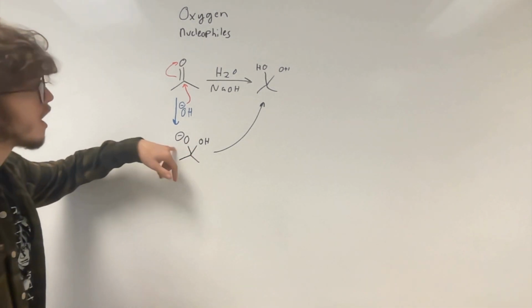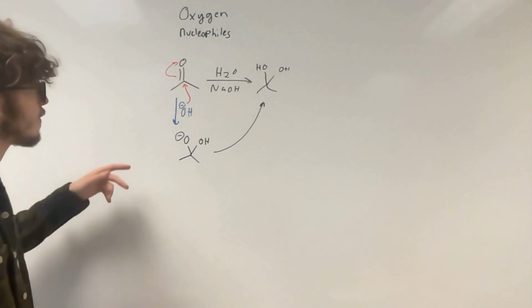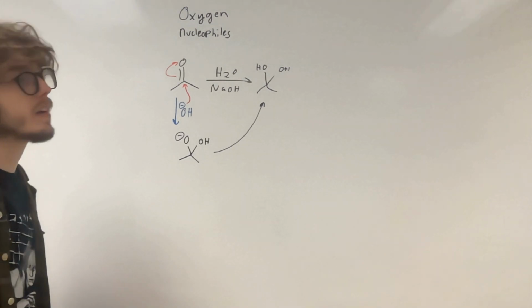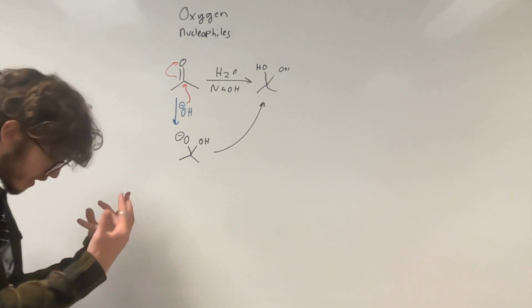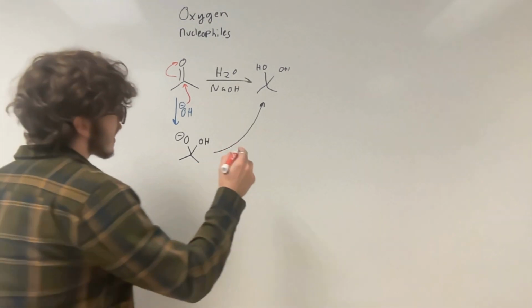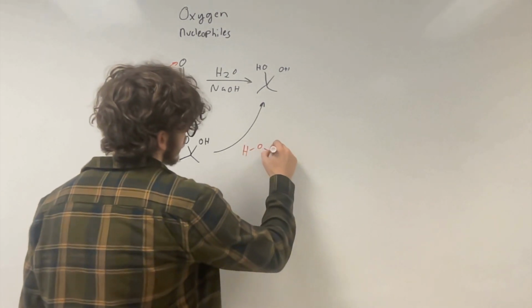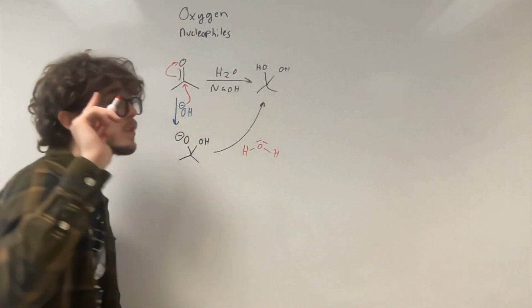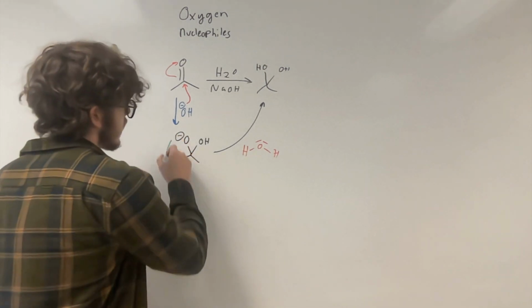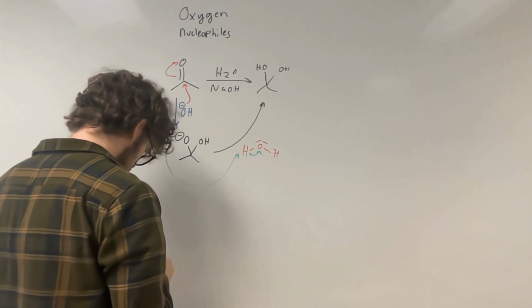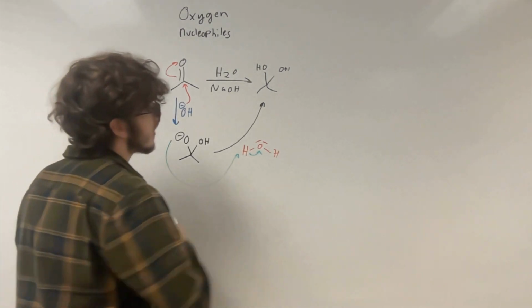So oxygen, unlike acid catalyzed, if water just attacked, it couldn't just kick it off, right? It can't do that. So what's going to happen here is it's just going to be stuck with a negative charge, and it doesn't like that. So it comes over to a molecule of water, and this is where it becomes base catalyzed. That negative charge is going to pick up. We're going to reform hydroxide.